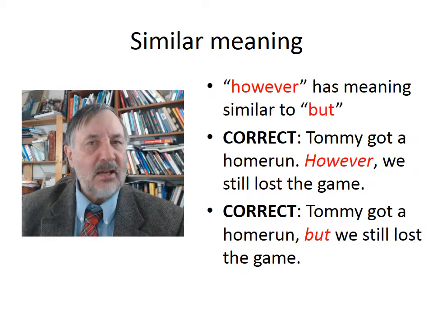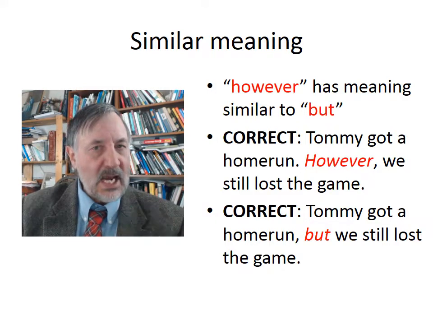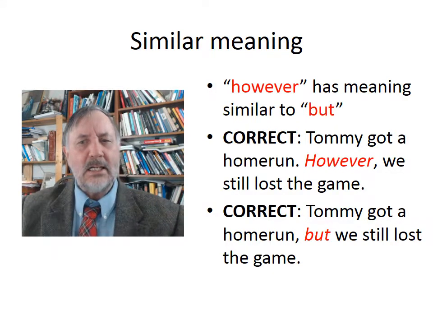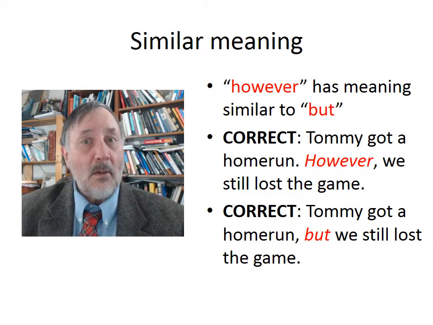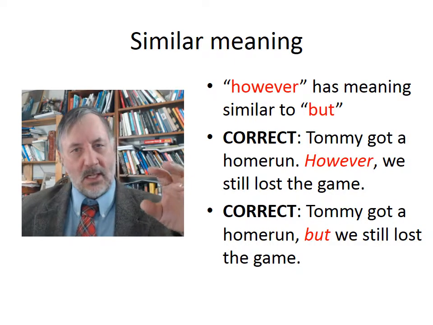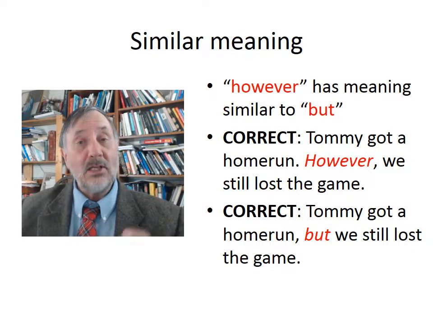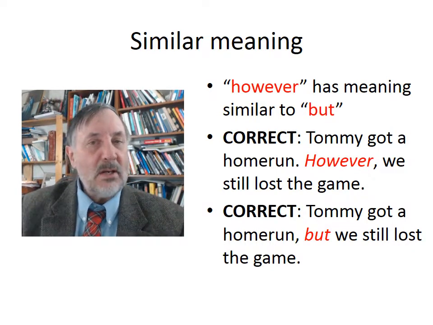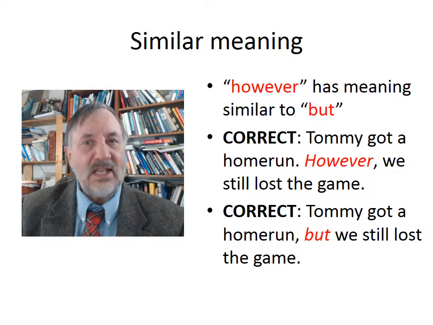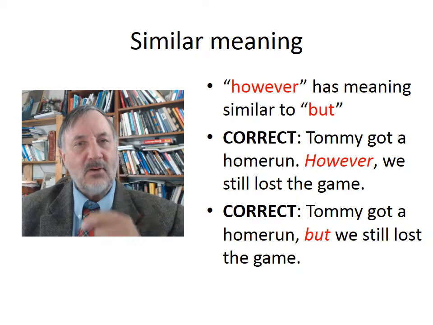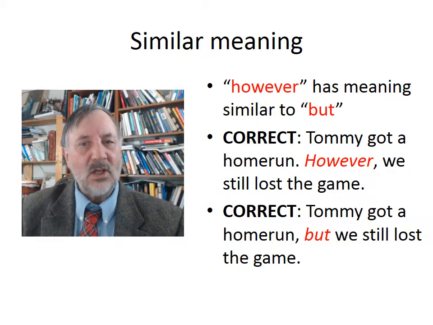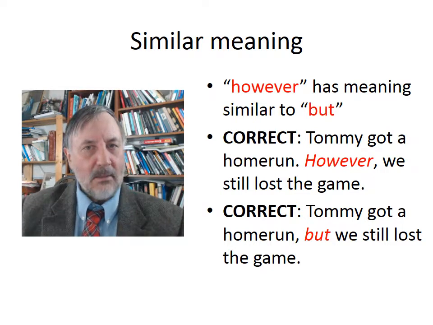However, we still lost the game. Well, I could also write practically the same idea: Tommy got a home run, comma, but we lost the game. So notice that the but places the second clause in the same sentence, whereas we start a second sentence in the first example when we use however. Okay, so they have a similar meaning.